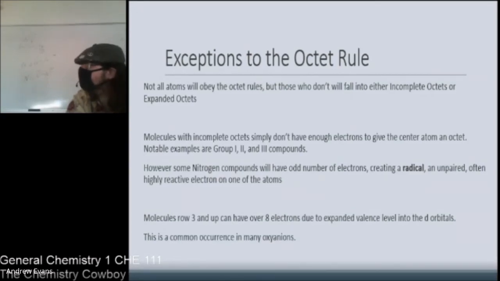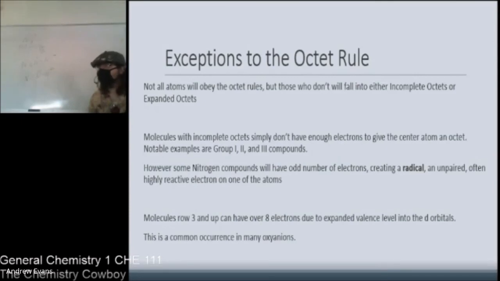You could go tin if you really want to. You could go lead. These could all have expanded octets, but then we're getting into some of the metals. But one thing you will not see is any row 2 atoms having an expanded octet. So carbon, it's straight out. Nitrogen, wrong. Oxygen, impossible.